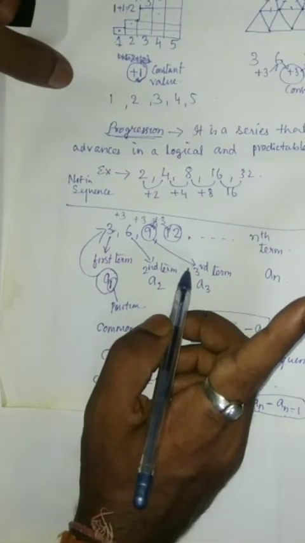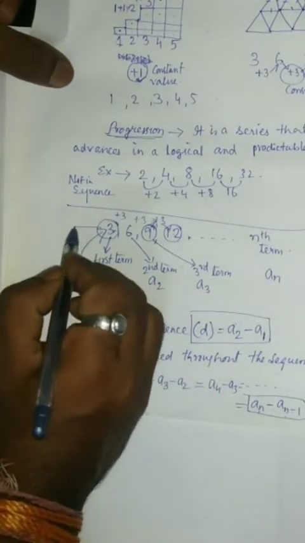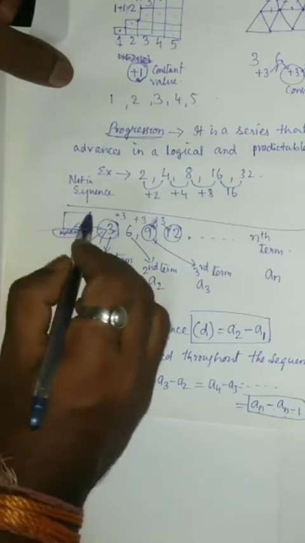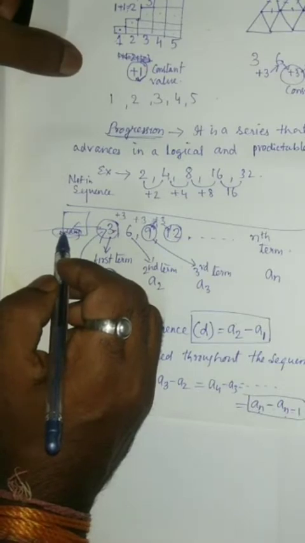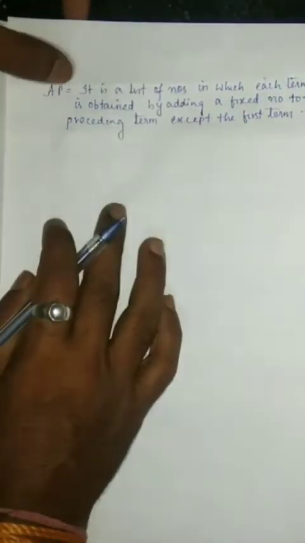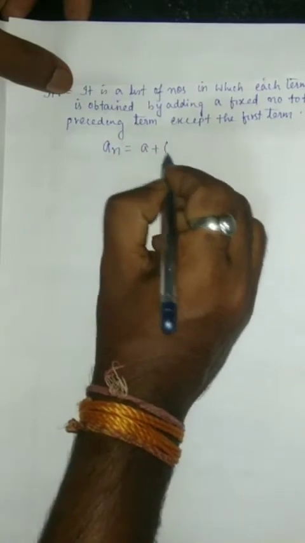Except the first term. See, student, this is our first term. Here we are not adding any particular number, no addition, because there is no other number to add to the first term. Okay, student? So from this, we come to our general formula of arithmetic progression. It is given by an equals a plus (n minus 1) into d.